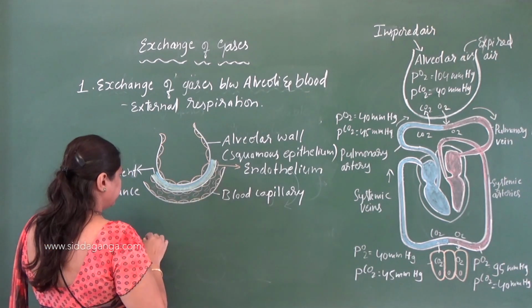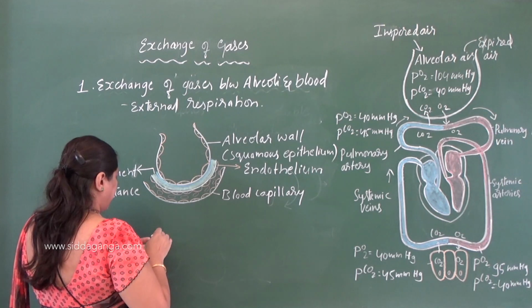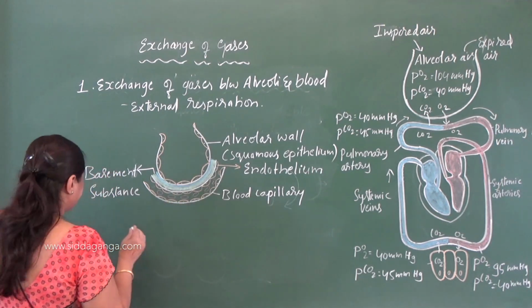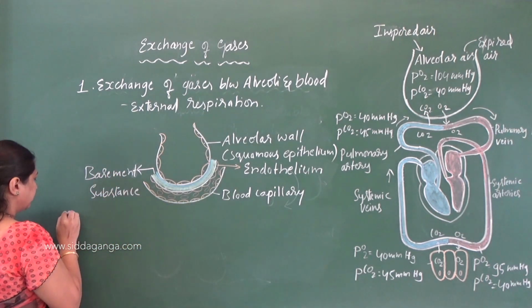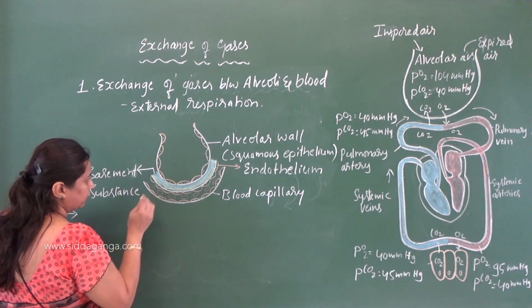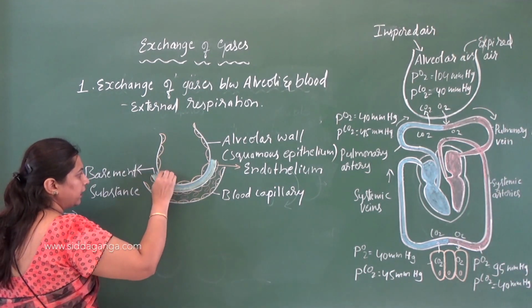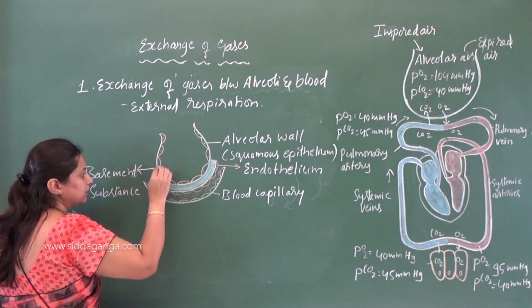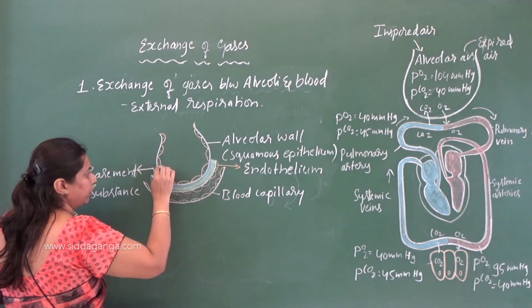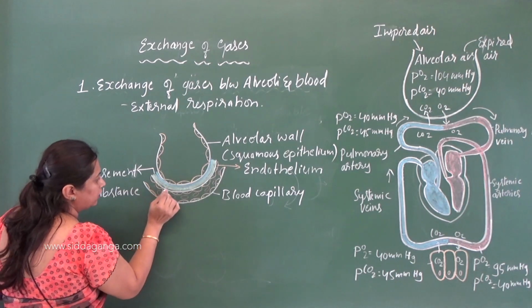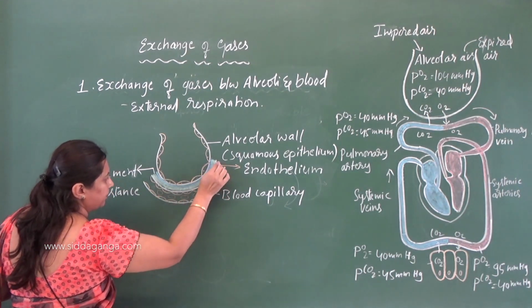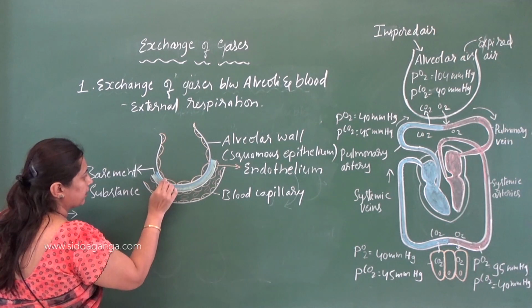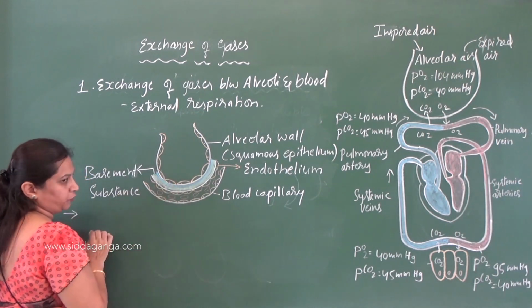See here, the respiratory membrane is formed of three layers. One is the squamous epithelium that lines the wall of the alveoli, the endothelial lining of the blood capillary, and the basement substance present in between these two.